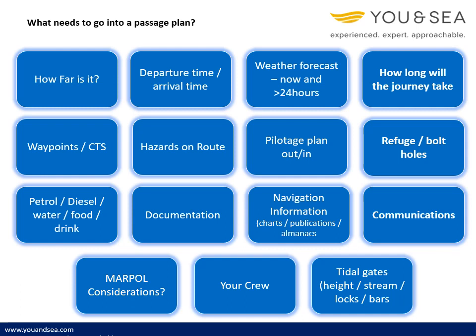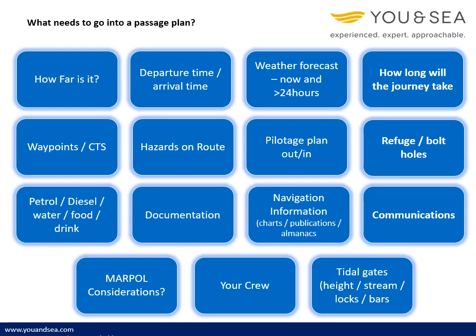Waypoints and courses to steer. Have we actually put our passage plan down on paper charts and/or the electronic plotter, and have we got a backup version should one of those two methods fail? Have we identified correctly all the hazards en route: busy ports, traffic separation schemes, isolated danger marks, rocks and reefs?